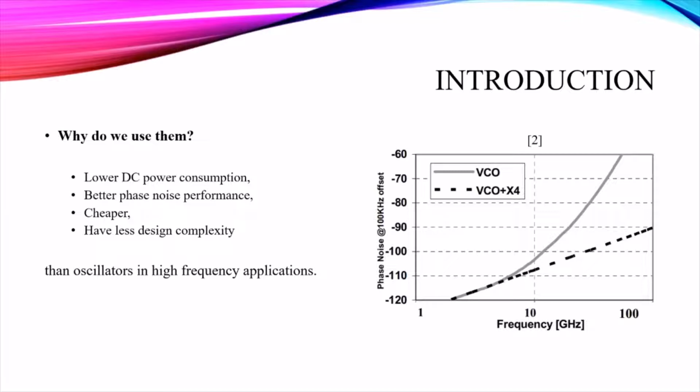This means although frequency multipliers generate a theoretical 20 log n phase noise power increase, in practice they still offer better performance than an LO developed at the desired frequency.